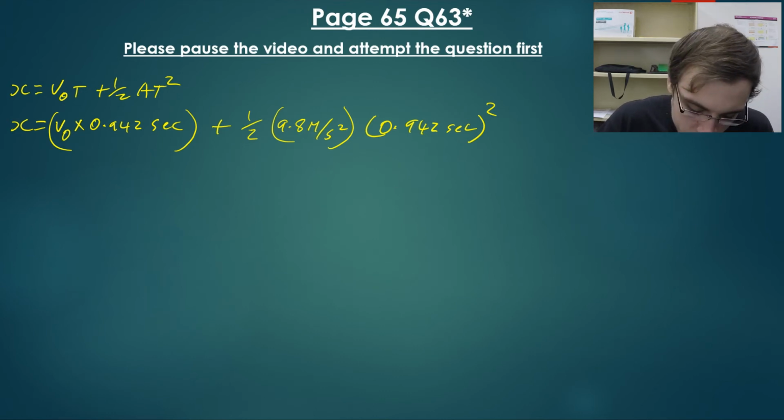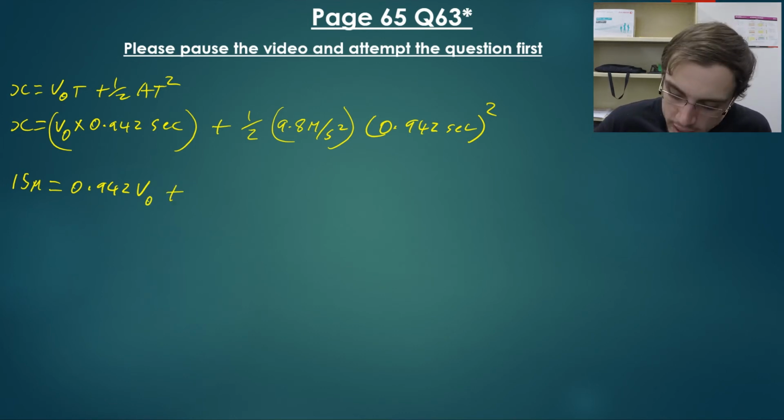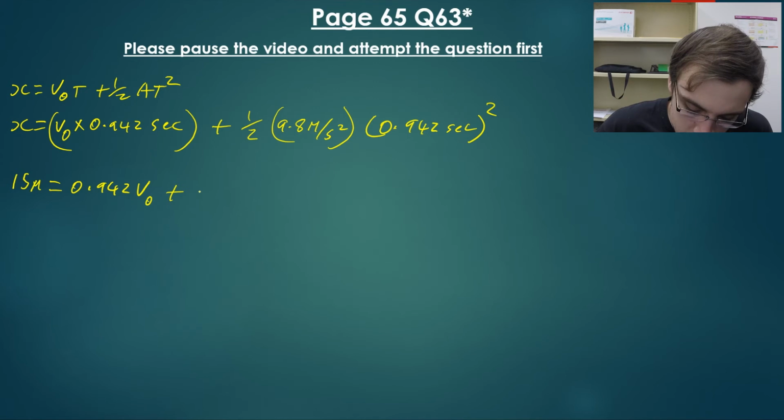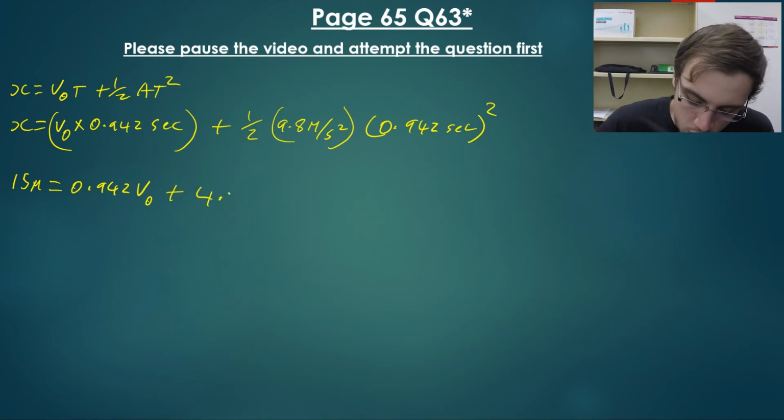So we're going to have 15 meters is equal to 0.942 v0 plus, we have 1/2 of 9.8, so that's going to give us 4.97 multiplied by 0.942 squared. 4.97 multiplied by 0.942 squared will give us 4.348.